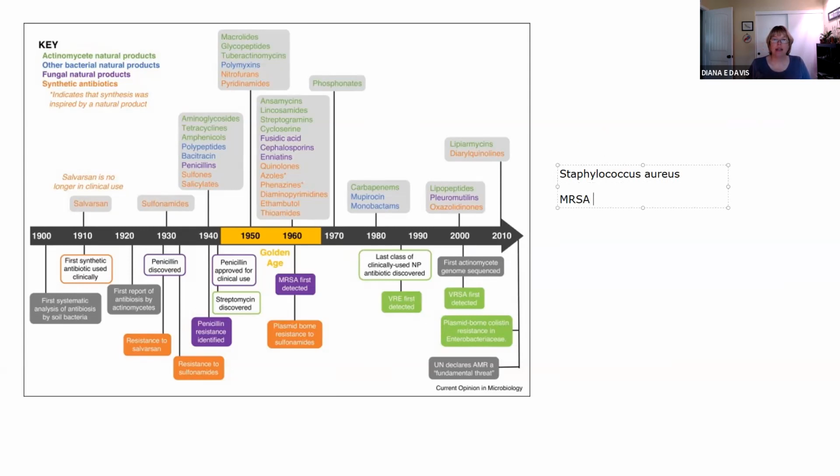And MRSA is resistant to many different antibiotics. And it's a nasty infection when you get it. So we all have staph bacteria on our bodies all the time. But when we get a staph infection, we can get skin ulcers.